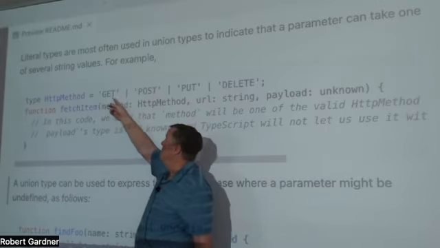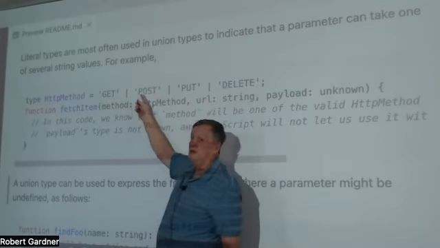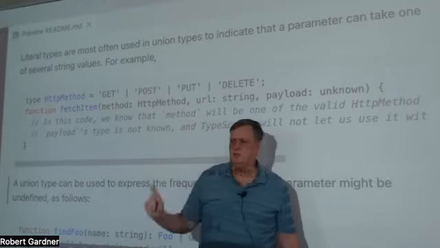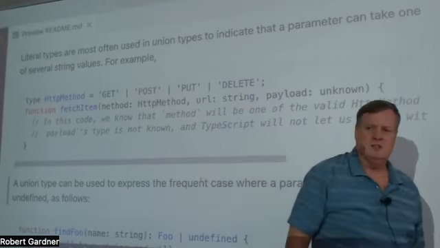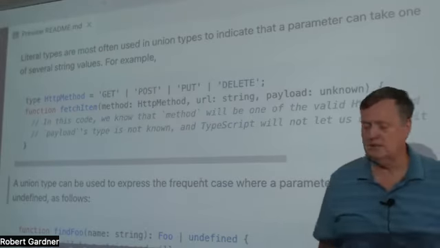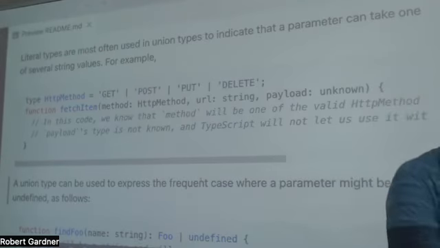If I misspell these, like suppose I do lowercase instead of uppercase, I'll get a compile error, and it won't let me make that call. So this helps you avoid all of these typos that you were talking about, because the compiler just goes and checks them all for you.